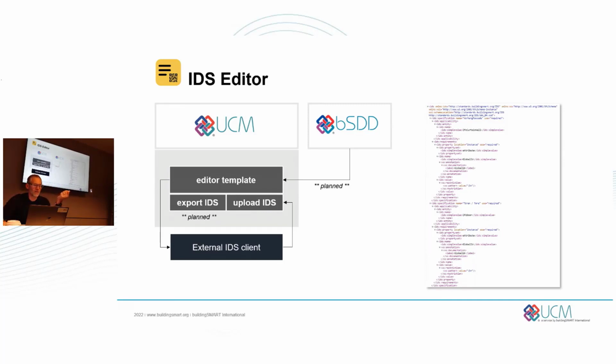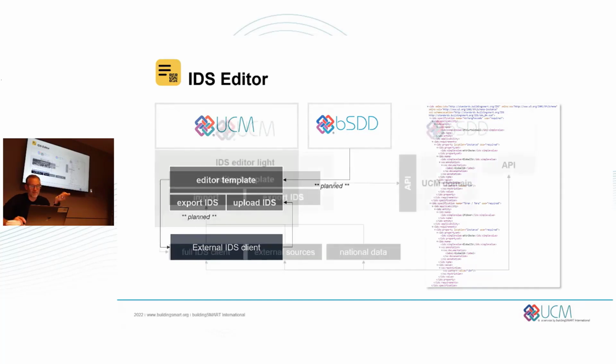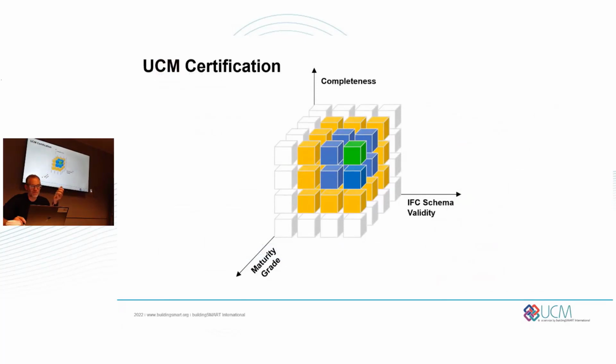We will now expand this to link it to the BSDD to obviously make use of the established and validated classifications in the BSDD, plus we will integrate a so-called IDS editor Lite to actually replace the Smartsheet that we have at the moment, to use a higher usability way of working to generate the exchange requirements. So that's really what we're on at the moment.